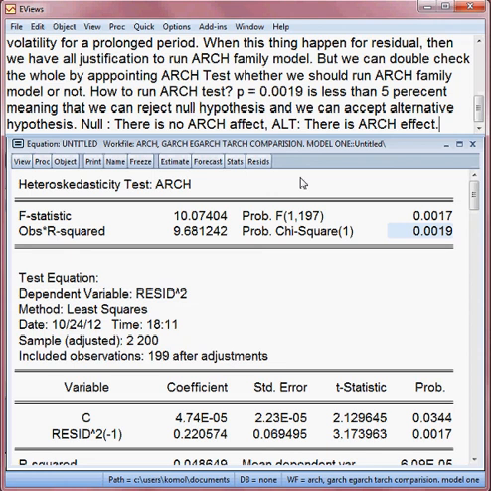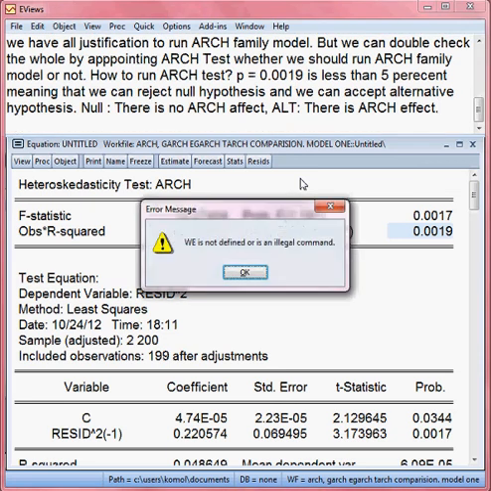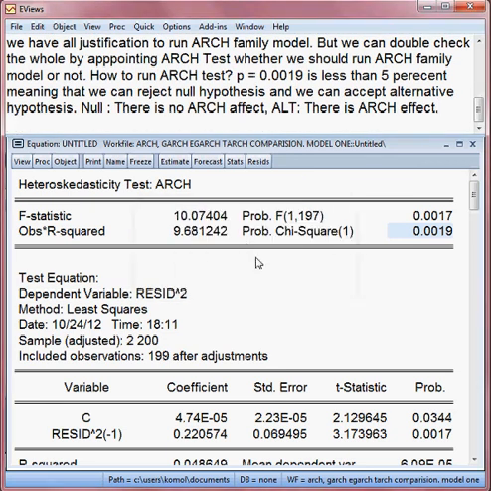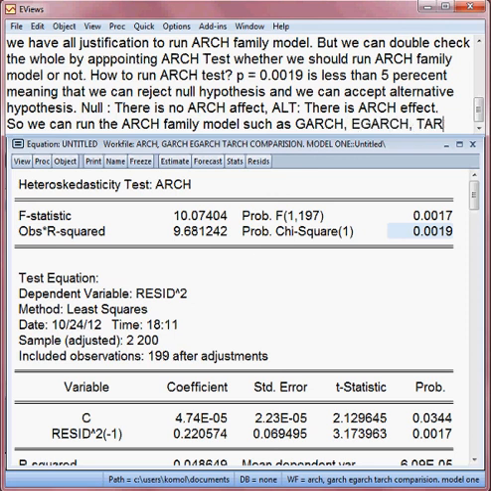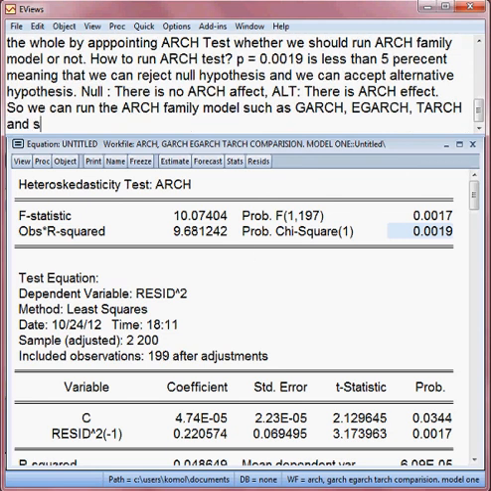So here we can reject the null hypothesis, meaning that our model has an ARCH effect. So we can run the ARCH family model, such as GARCH, right? Then EGARCH and TARCH and so on. Okay.